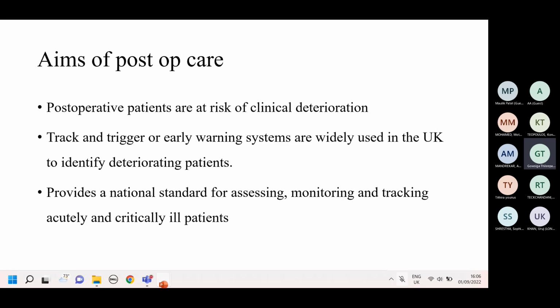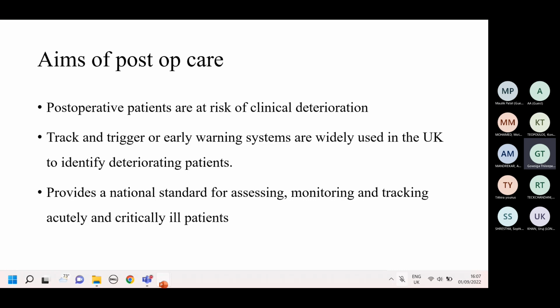Level 2 means HDU, high dependency care or enhanced care unit. And level 3 care is the intensive care unit. The highest risk patients, assessed and decided preoperatively, are sent to level 3 care in the ICU.